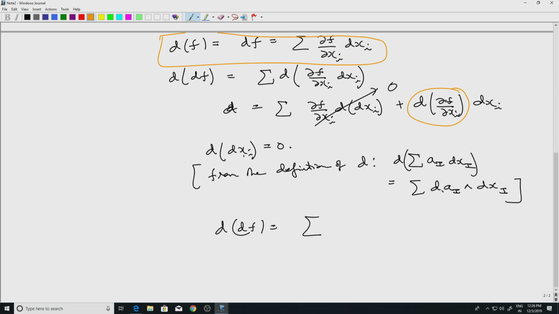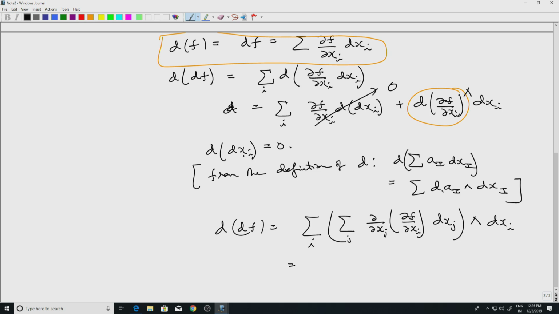The sum is over i, and then this will be over j: del by del xj of del f by del xi, and then dxj wedge dxi.